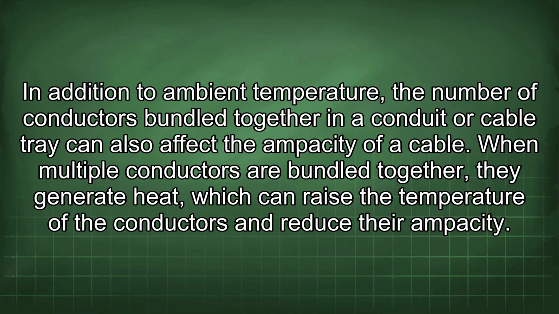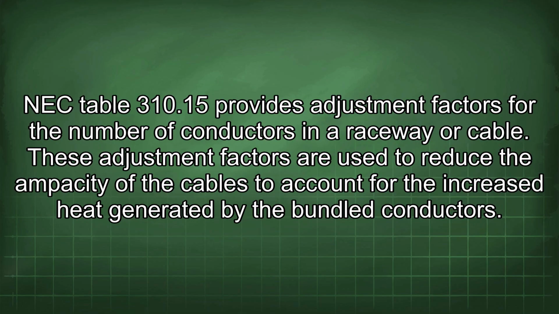In addition to ambient temperature, the number of conductors bundled together in a conduit or cable tray can also affect the ampacity of a cable. When multiple conductors are bundled together, they generate heat, which can raise the temperature of the conductors and reduce their ampacity. NEC Table 310.15 provides adjustment factors for the number of conductors in a raceway or cable.